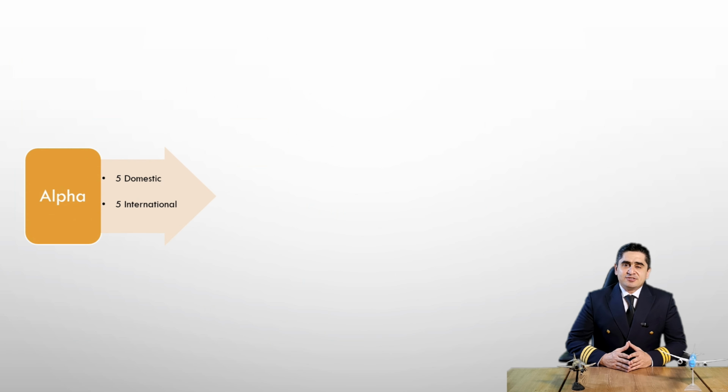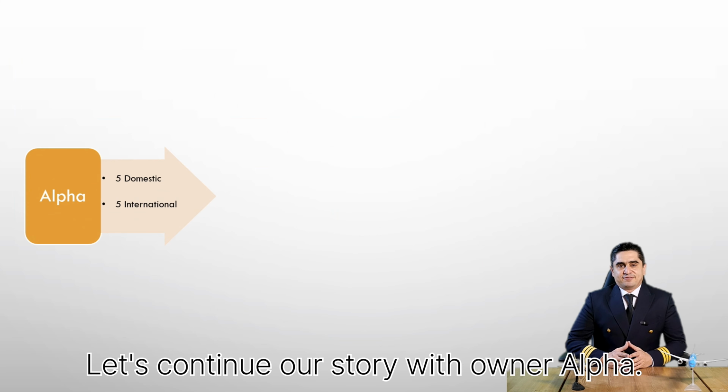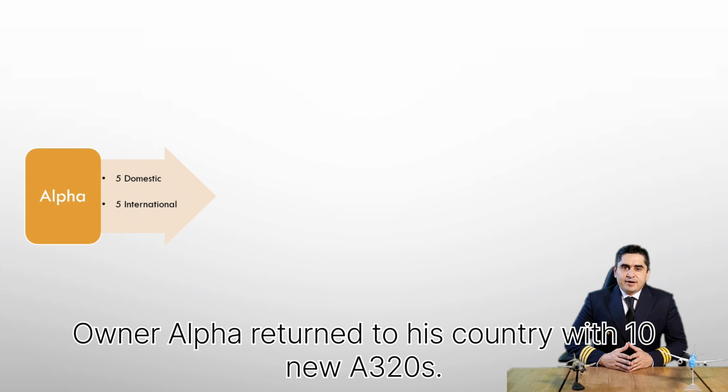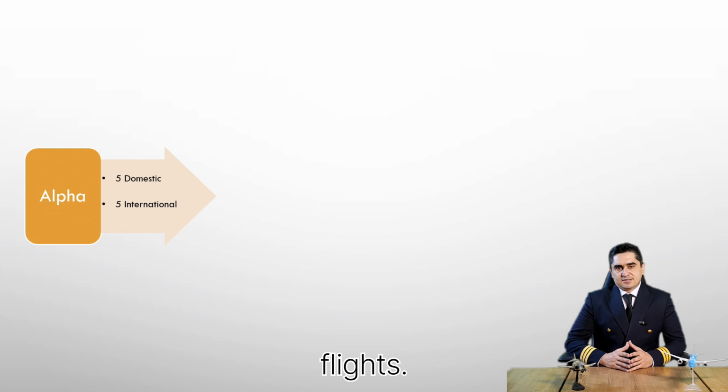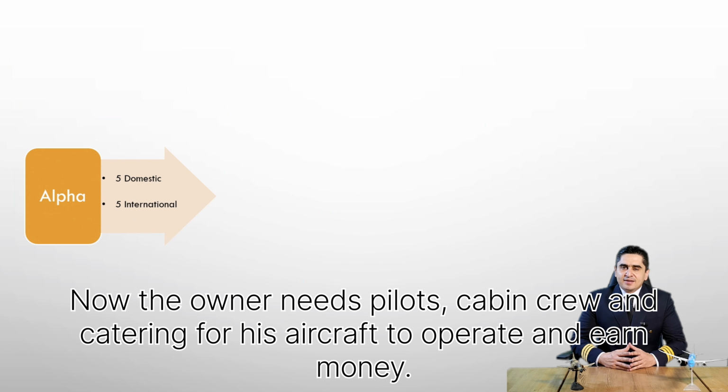Let's continue our story with owner Alpha. Owner Alpha returned to his country with 10 new A320s. This company decided to assign 5 aircraft for domestic flights and the other 5 for international flights. Now the owner needs pilots, cabin crew, and catering for his aircraft to operate and earn money.